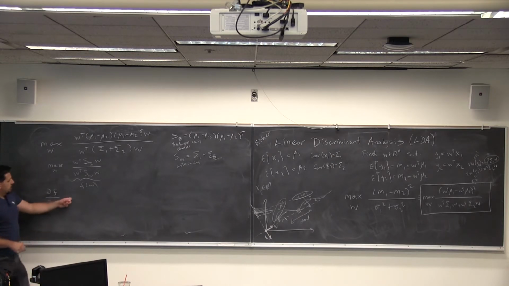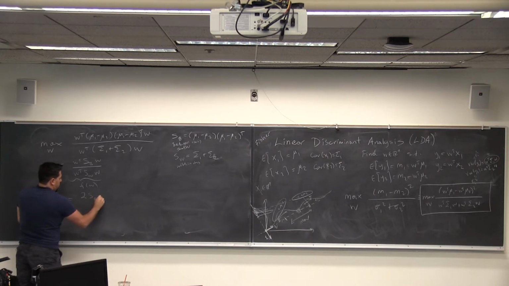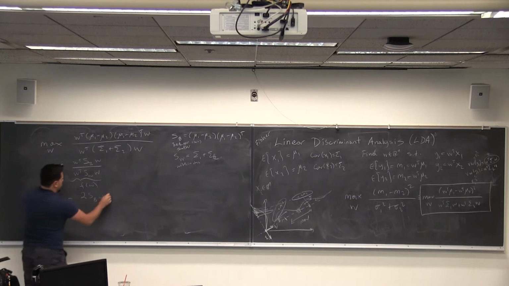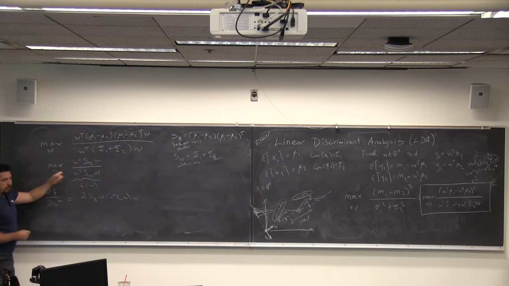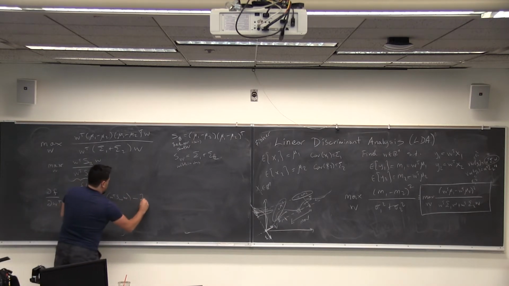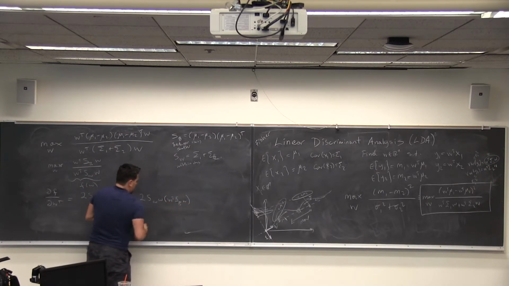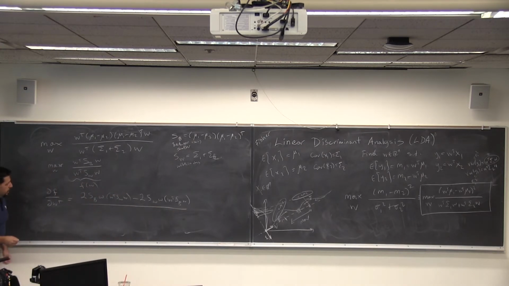The derivative of a ratio is the derivative of the numerator, which, since these are both symmetric matrices, is 2SBW, times the denominator, minus the derivative of the denominator times the numerator, divided by the denominator squared.